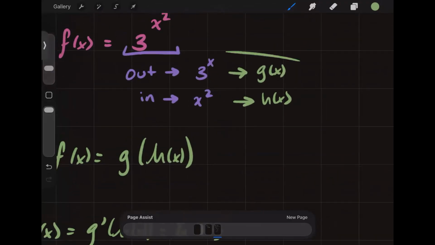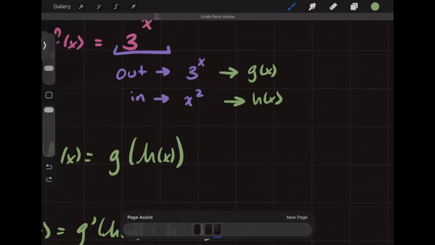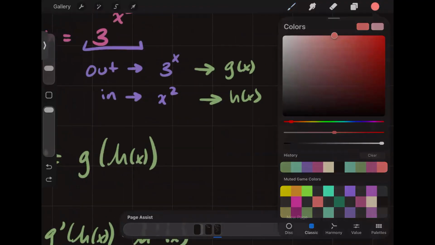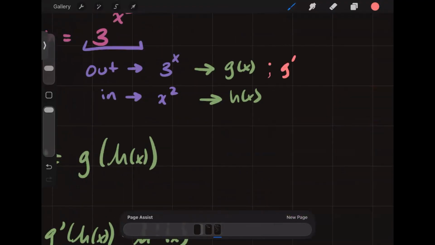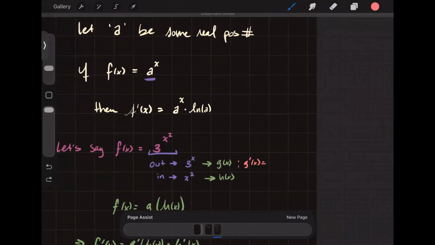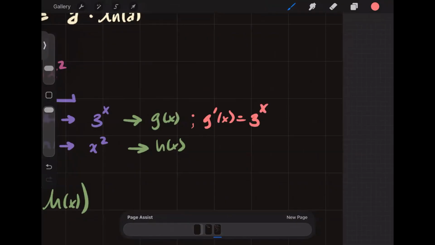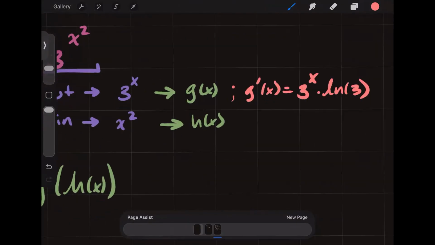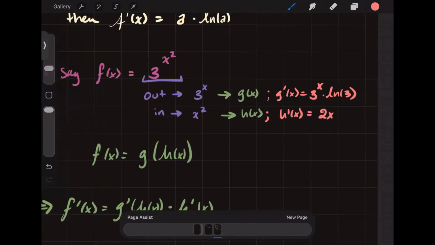But if g is 3 to the x, right, then that means you get g prime of x is equal to, as we stated here, 3 to the x times ln of 3, right? And that means you have h prime of x is equal to 2x, right?